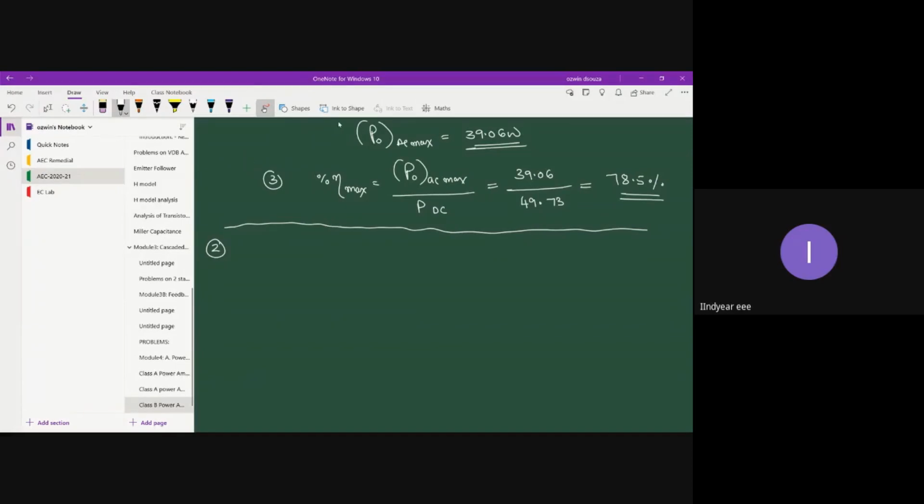A complementary symmetry push-pull amplifier is operated using VCC equal to plus or minus 10 volt and delivers power to a load RL equal to 5 ohm. Calculate the maximum power output.